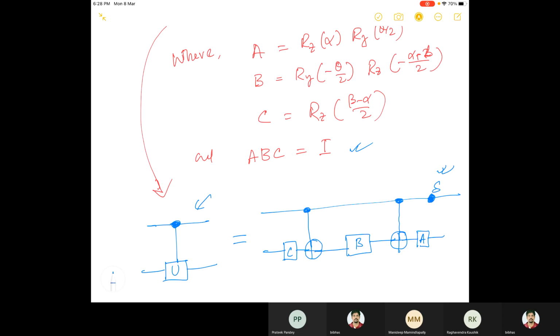Now see, if the first qubit is 0 here in the left hand side, then this U will not be applied. That means whatever the qubit is, it will remain invariant. Psi could be 1 or 0, right? If psi is 1, then this U will not act on it because the first qubit is 0.